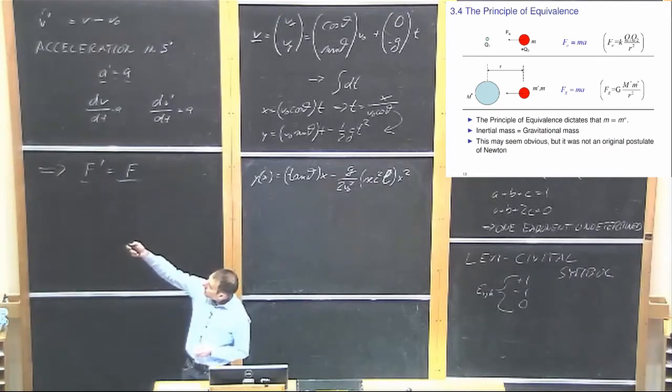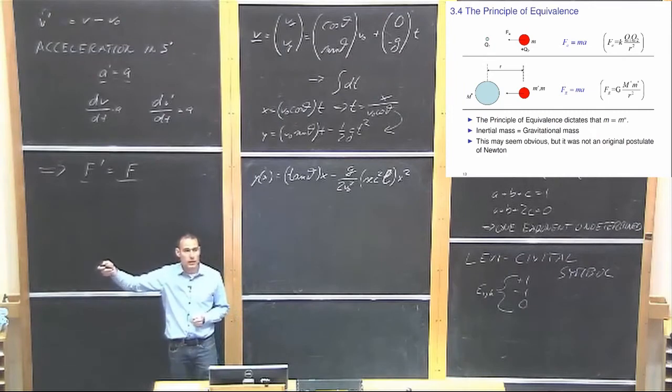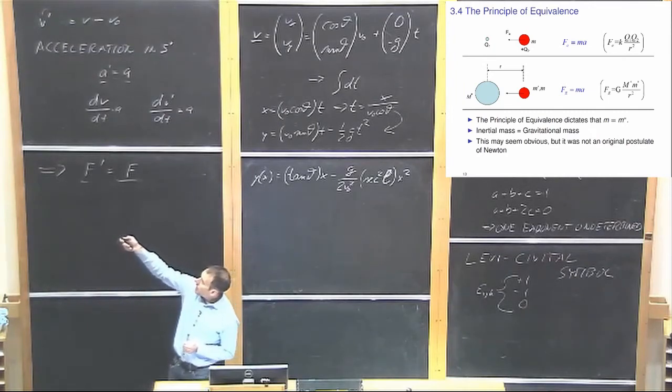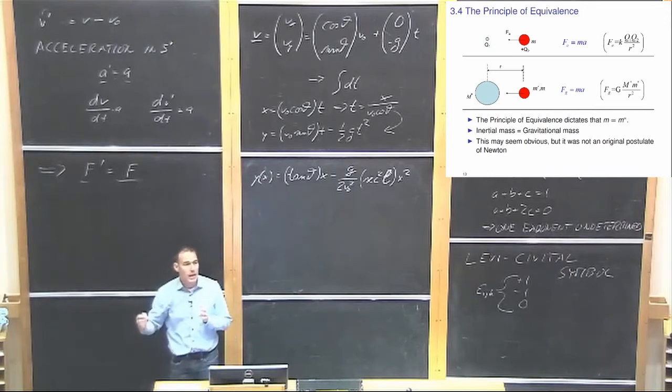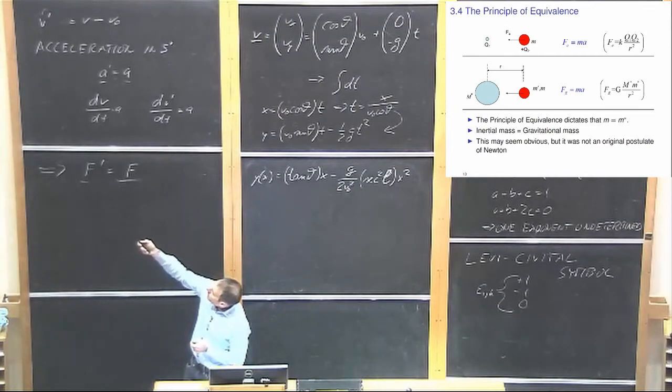So in this Newton 2, m is some kind of value that is resisting the acceleration. If you apply a force, the larger the mass, the smaller the acceleration. So this is the inertial mass you're trying to accelerate with a force. But at the same time, it's a gravitational mass.